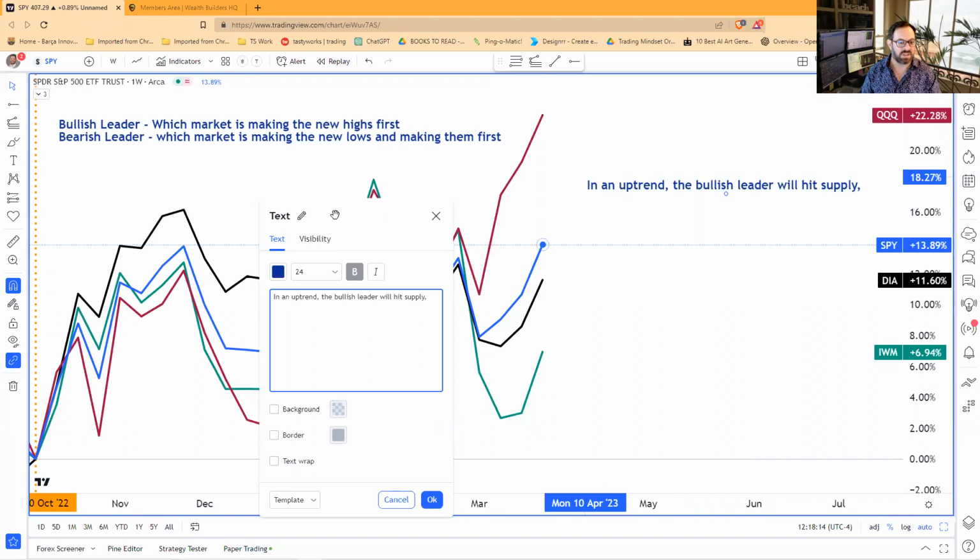But typically that bullish leader will hit supply and cause all of the related markets to turn, even if the related markets aren't at the supply zone.